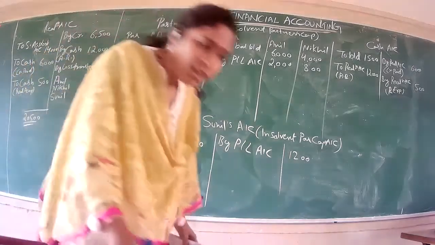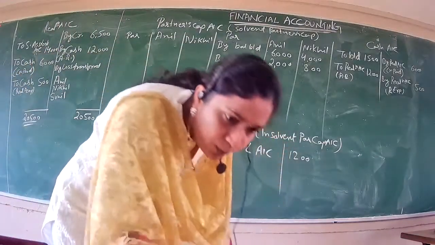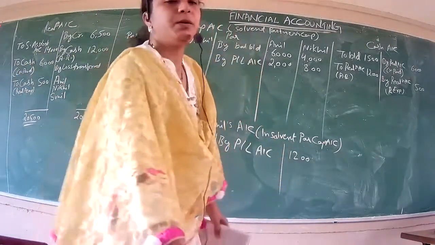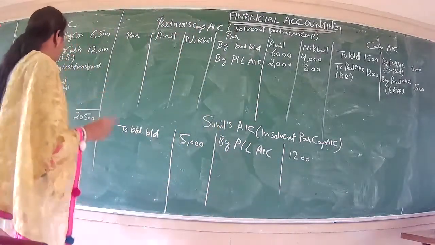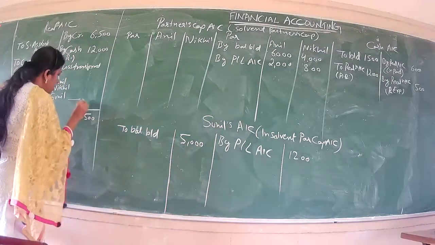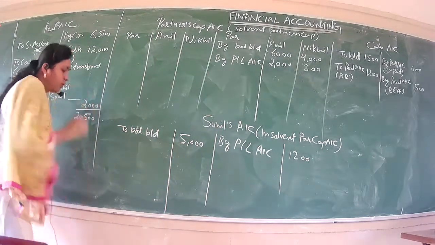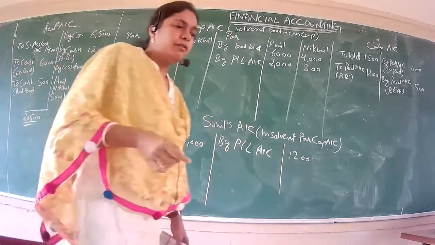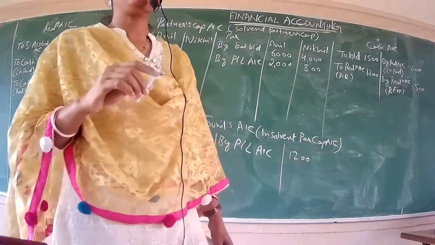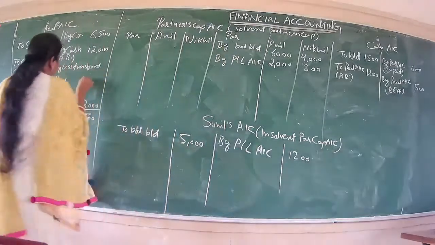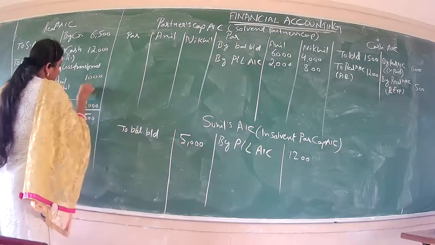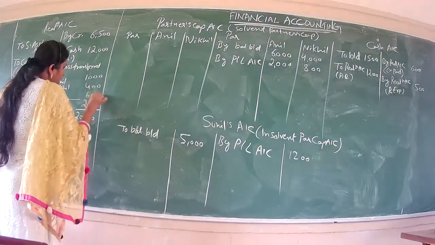These are your three partners to whom we need to share the profit or loss. So if we divide this, total was your 2000 total loss. Profit sharing ratio 5:3:2. So if you divide the 2000 in 5:3:2, then you are going to get the amounts 1000, 600 and 400.